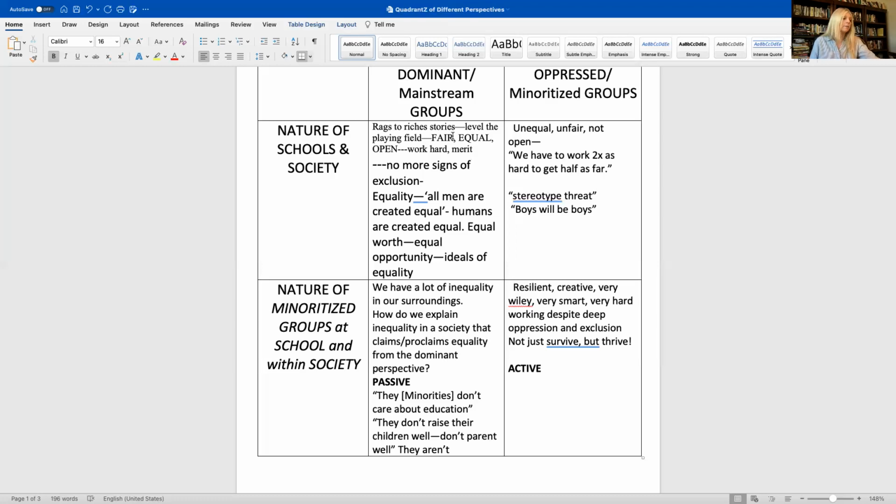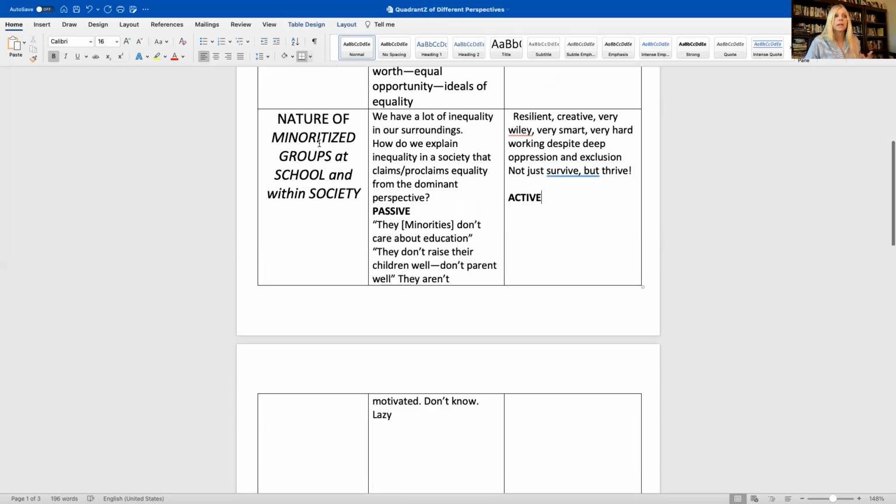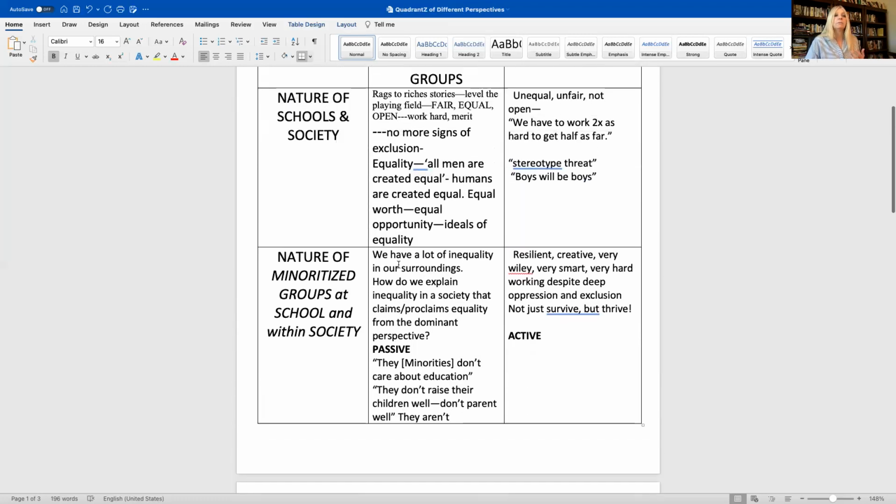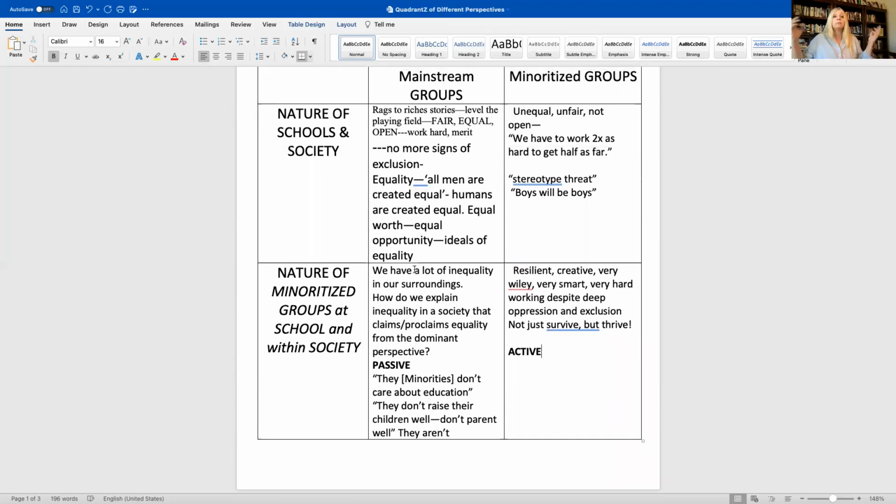A lot of times the idea is that these groups did nothing, that they're just passive, and they were apparently just waiting for white people to set them free.